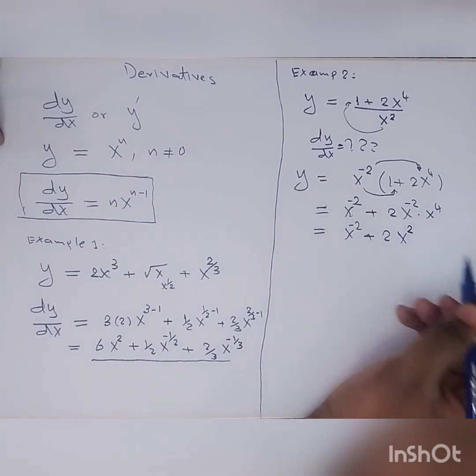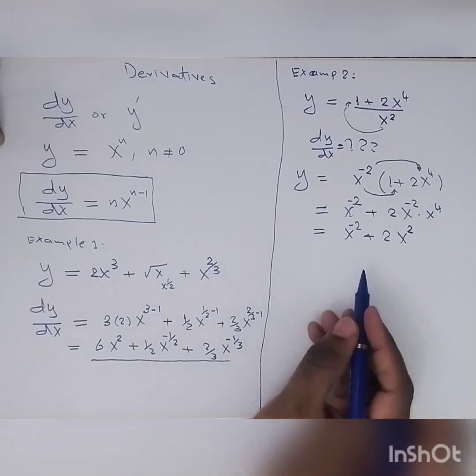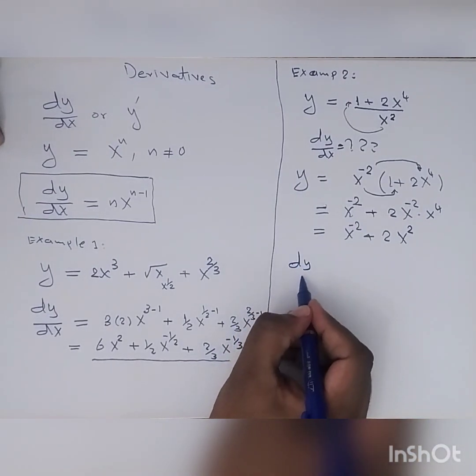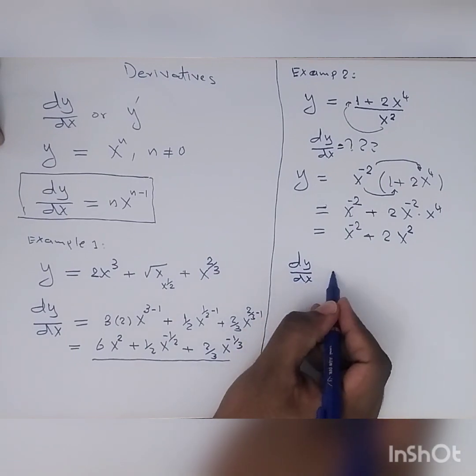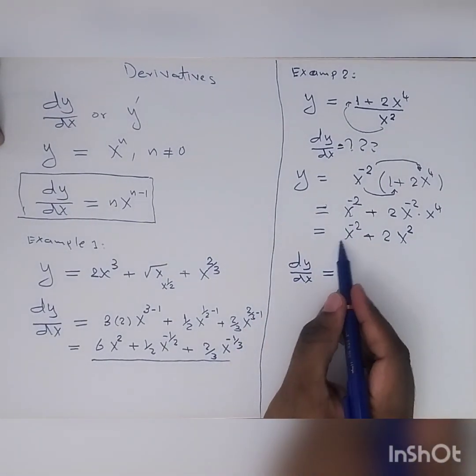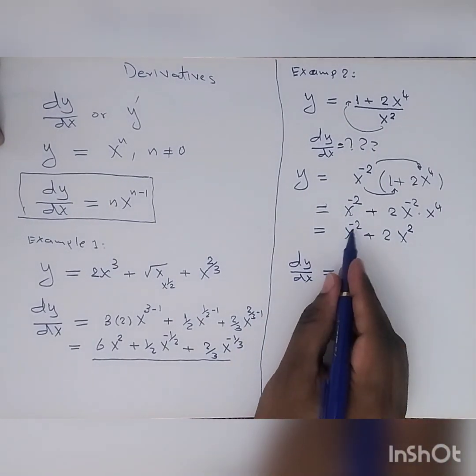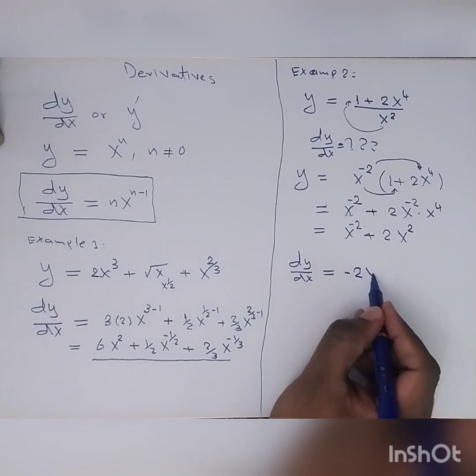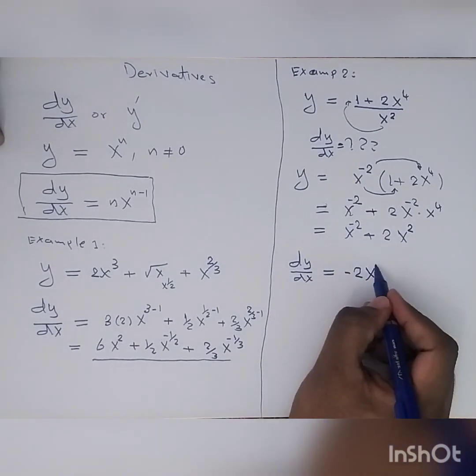So this is our function. Now we can find the derivative easily. The derivative dy by dx will be, we directly multiply by the coefficient of x. So now we have negative 2 times 1, which is negative 2 x, and here we subtract 1.